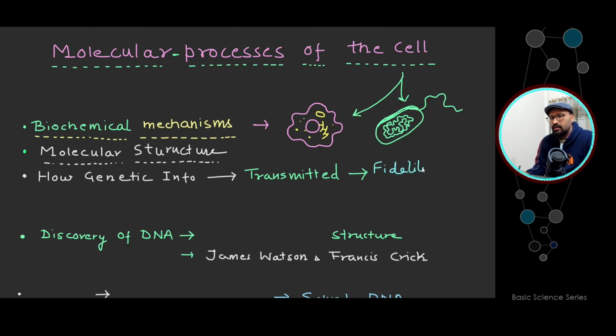What that means is with high accuracy, and we know that the genetic information that we have in our DNA needs to be transferred with high accuracy to the next generation. So that's another thing we'll be trying to understand.